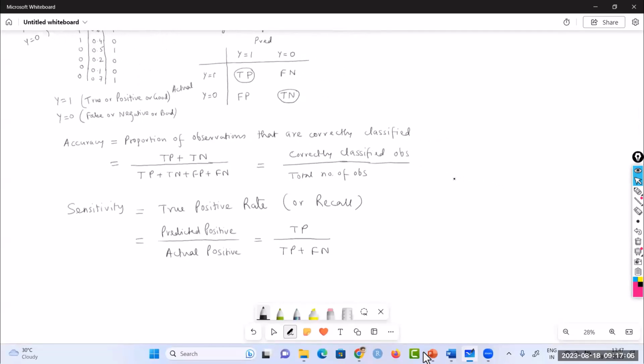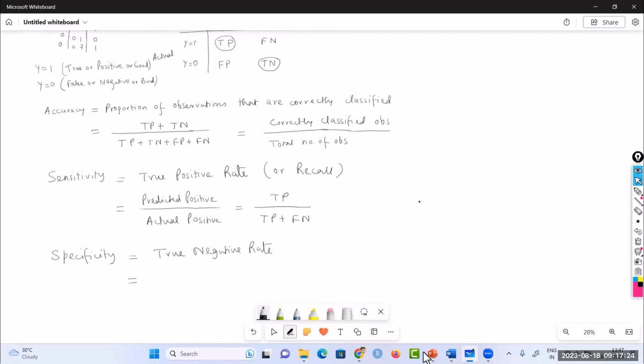Now we have specificity, also known as true negative rate. Just the opposite. It makes sense: truly predicting it as negative. That means out of actual negative, how many are predicted as negative?